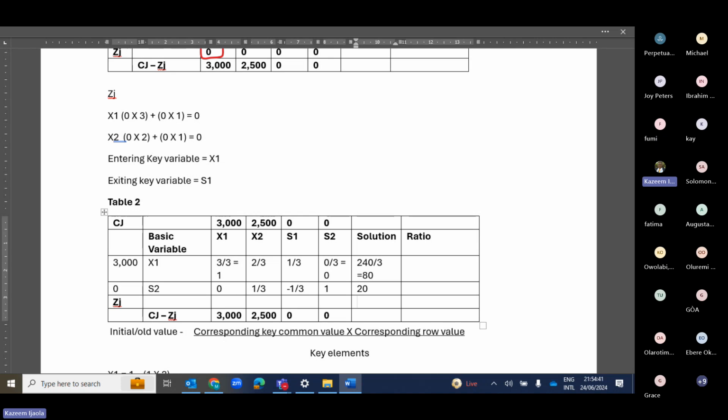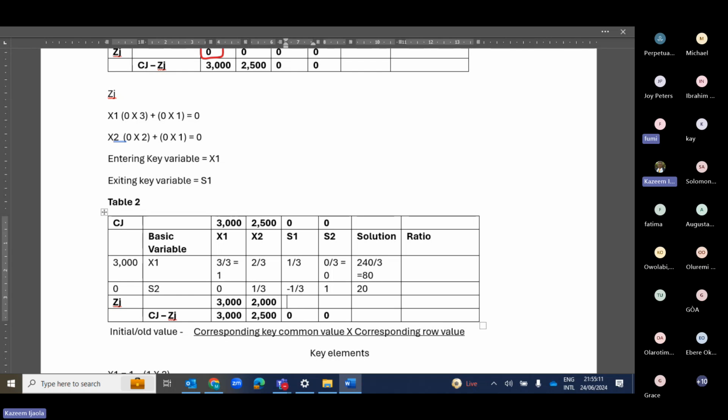With what we have, you can now calculate your ZJ. ZJ simply means 3,000 times 1 plus 0 times 0, which would be 3,000. ZJ here is 3,000 times 2/3, which is 2,000.